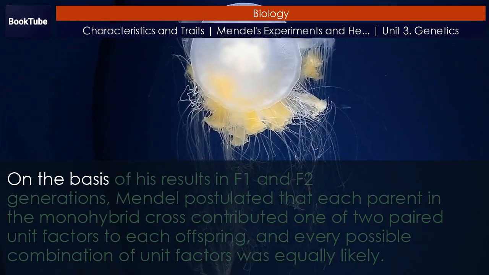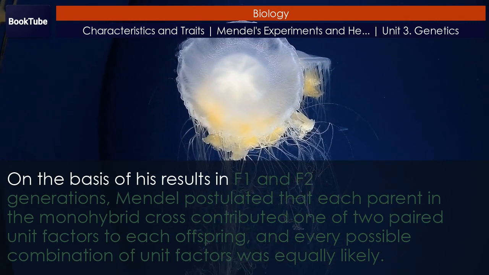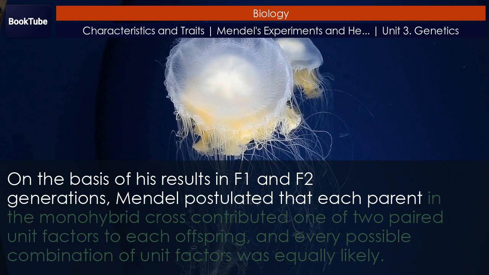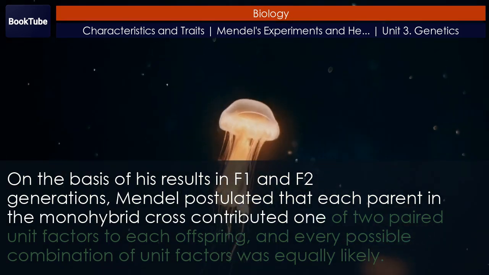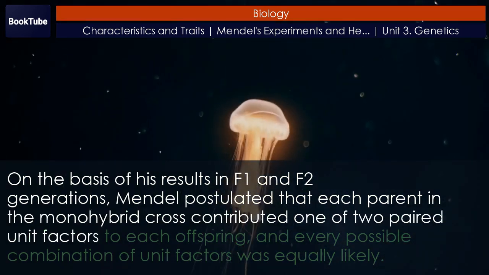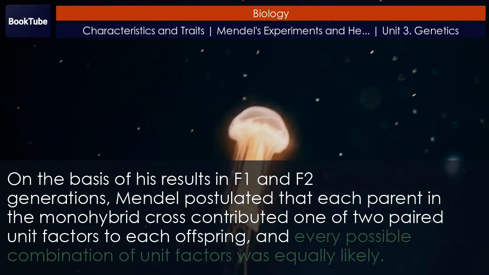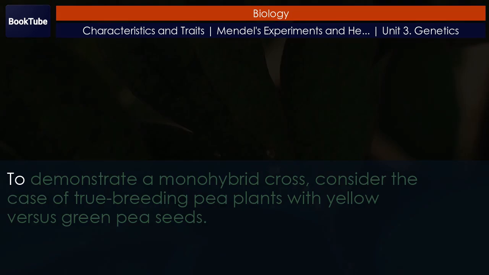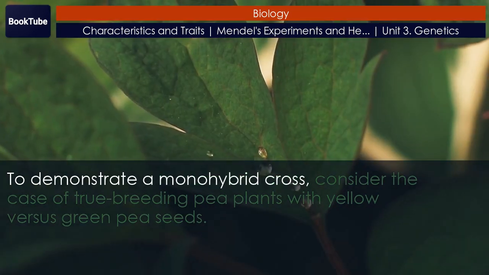On the basis of his results in the F1 and F2 generations, Mendel postulated that each parent in the monohybrid cross contributed one of 2 paired unit factors to each offspring, and every possible combination of unit factors was equally likely.